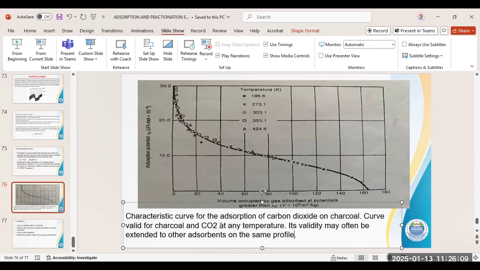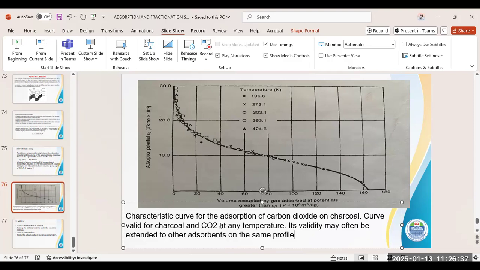But in this wise, if you are carrying out a pilot test, you can actually check if the adsorbent and adsorbate you are considering have a similitude of charcoal CO2 characteristics and interaction, based on their adsorption characteristics. So you can actually have a foreknowledge of what the volume of your adsorbate is likely to be.